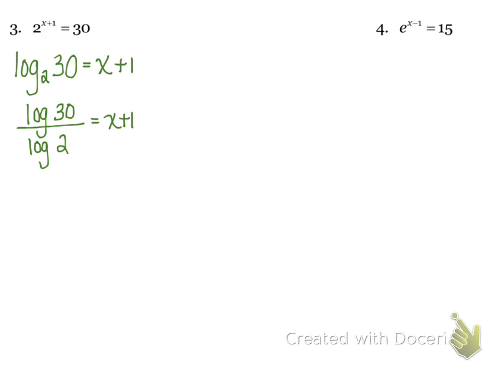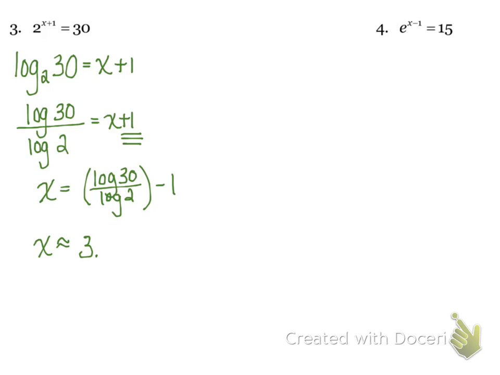When I do that, I have to remember I'm going to subtract 1. So you can even plug it in the calculator like this: log of 30 divided by log of 2, and then subtract 1 from it because I have this 1 over here. So x equals about 3.907.